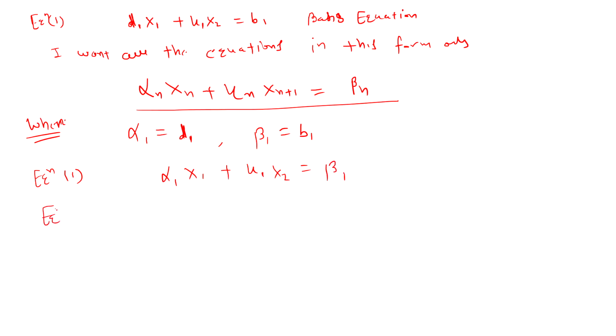Now equation 2 has the form of L2 x1 plus D2 x2 plus U2 x3 is equal to B2. Now I want to convert this equation into the form of this equation. So what will I do? I will do the row operation.